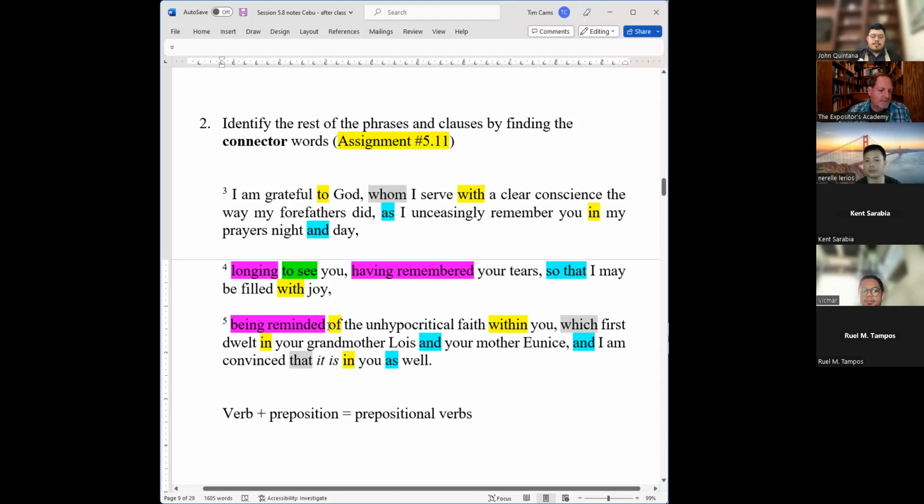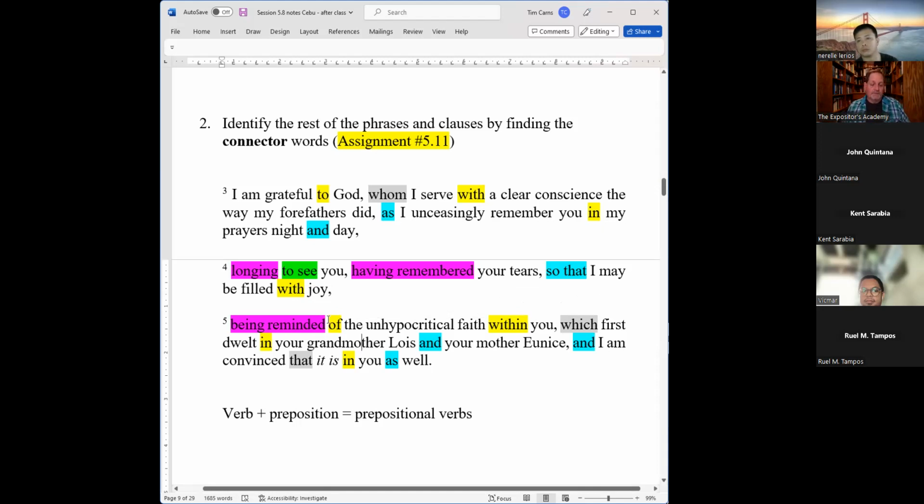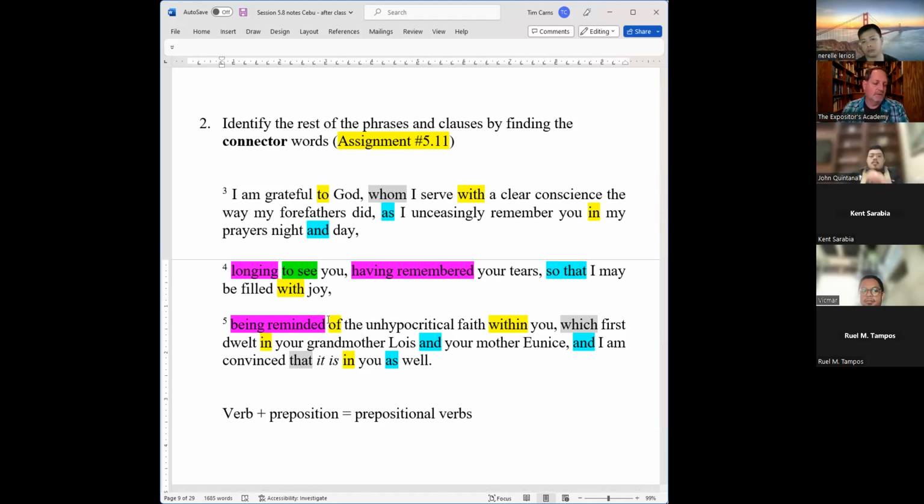Because what happens is this: if you see "of" that follows a verb, then normally that is part of the verb, the verbal idea. It is not modifying the verb. It's actually part of it. The way you can see this, I'll show you in a little bit. We'll go to the actual interlinear Greek text, and I'll show you how this works.